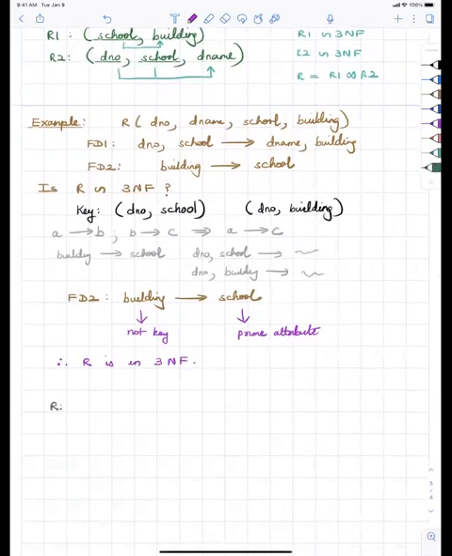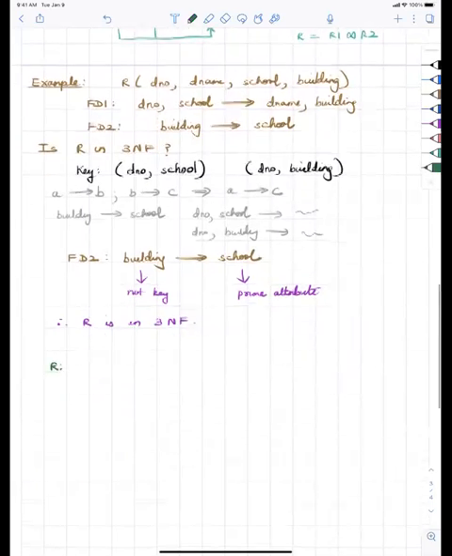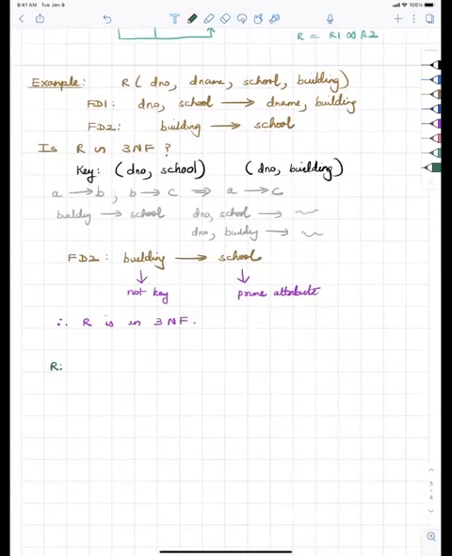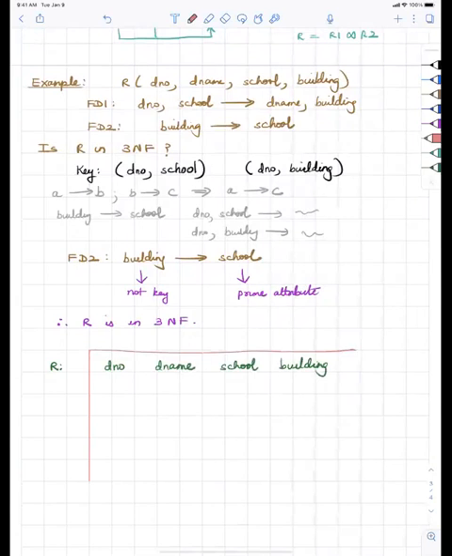Okay, so it's in third normal form, but if you look at a table, I'm going to put a small example table out here. So this is the table R, with D name, school, building.